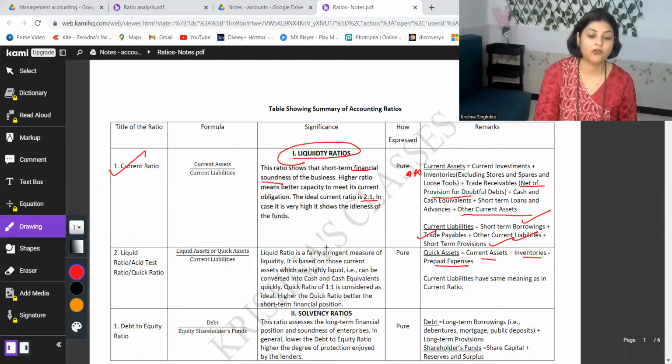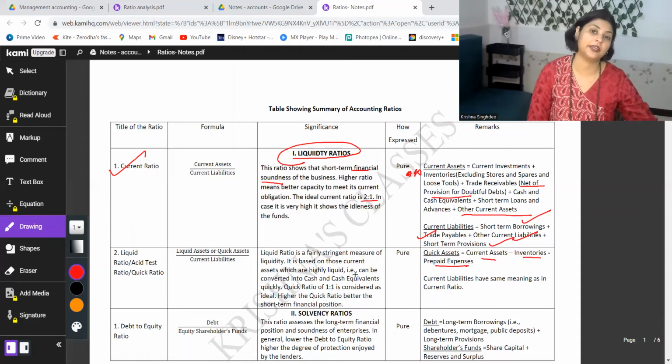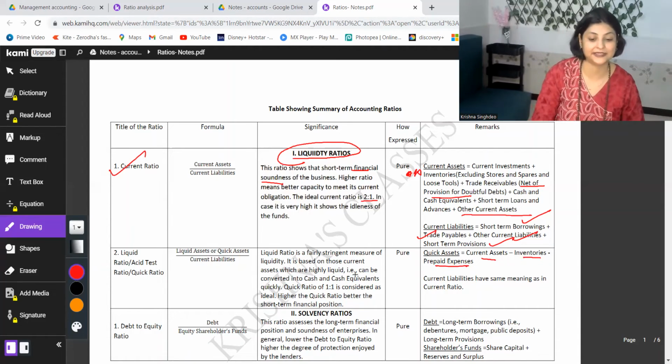Now let us see what is the purpose or significance of calculating this ratio. The liquid ratio is a fairly stringent measure of liquidity. It is based on those current assets which are highly liquid. So we have just excluded those assets which will take more time to be liquidated. Highly liquid assets are taken, inventory is removed, prepaid expenses are removed.